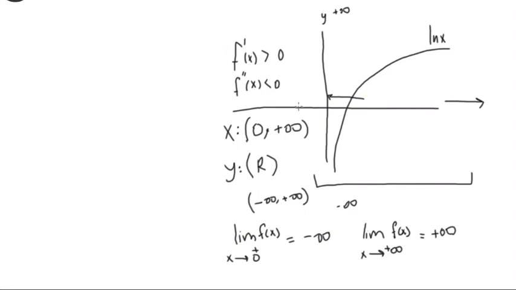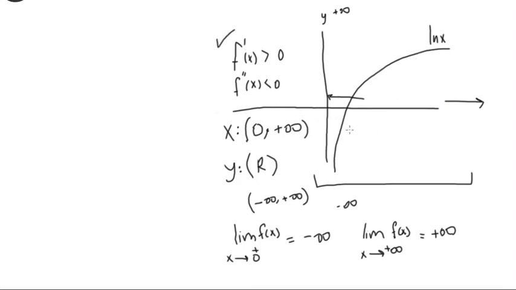So the graph is one-to-one, and we also know that the graph is continuous over the domain. So when the graph is one-to-one and continuous, we can say that the graph is invertible. In other words, we can take the inverse of ln x, because both conditions are satisfied.